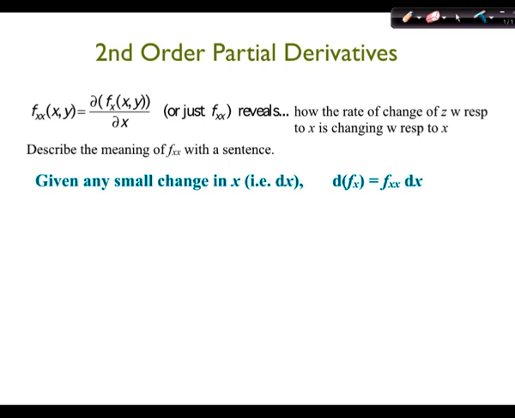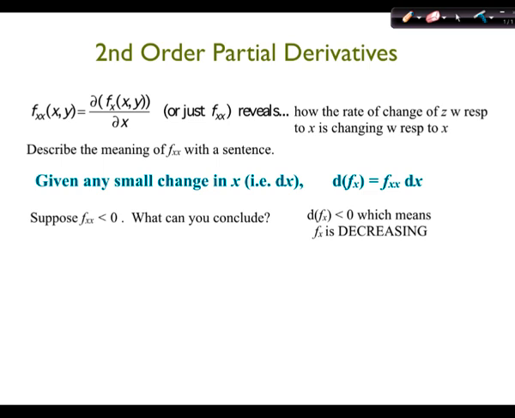All right, what about if the second partial derivative is less than 0? What does that tell us about the first derivative? It means that changes in the first derivative are negative, which means that the first derivative is decreasing, right? And how can the derivative be decreasing? How is the rate of change decreasing?